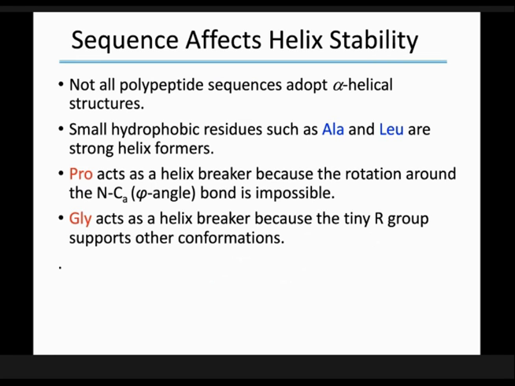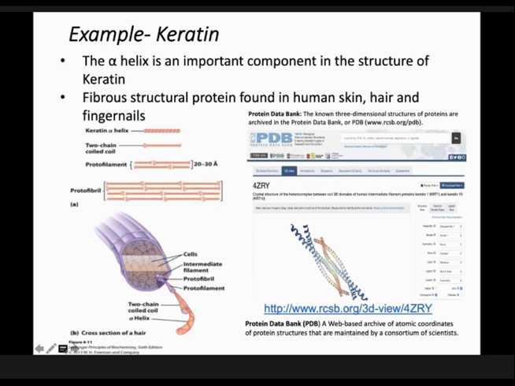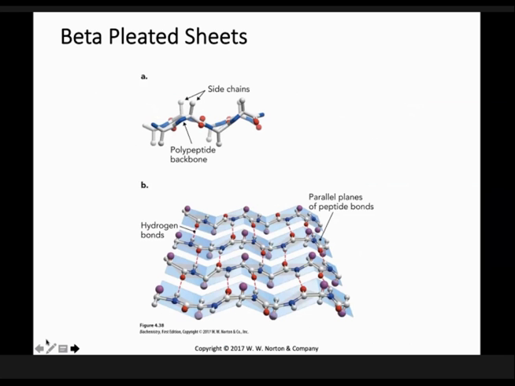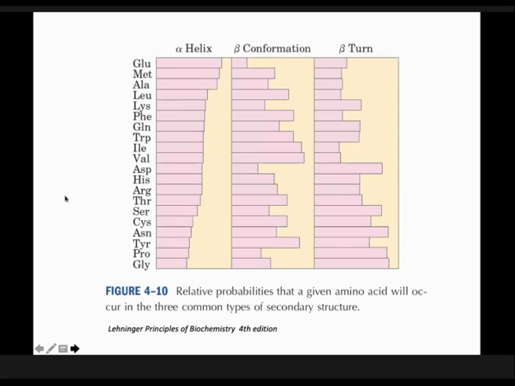Glycine is very tiny, so it's very easy and it can be accommodated anywhere. Proline is a little bit more complicated. There is a table, and again, I'm not going to ask you about it, but some amino acids are predominant in one of the conformations. For example, in alpha helix, methionine, glutamine, and alanine are predominant.